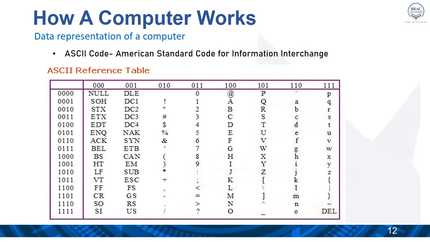ASCII code stands for American Standard Code for Information Interchange. It is a 7-bit binary code and it can represent a total of 128 different characters, numbers, and symbols of the English language. In our example, we used two ASCII codes for the two characters capital H and I, which are marked in the ASCII reference table.